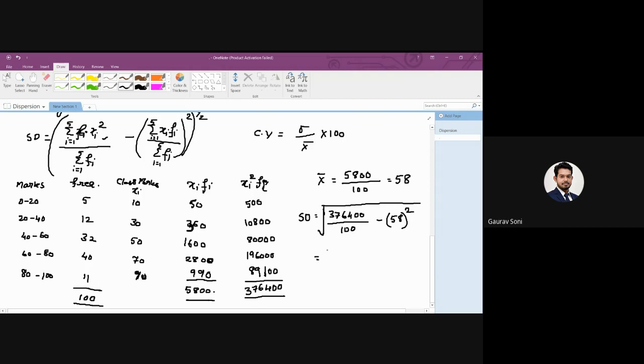So this is under root 3764 minus 58 square. So standard deviation is 20. Now you have the standard deviation, you have the mean, so we can go for the coefficient of variation.